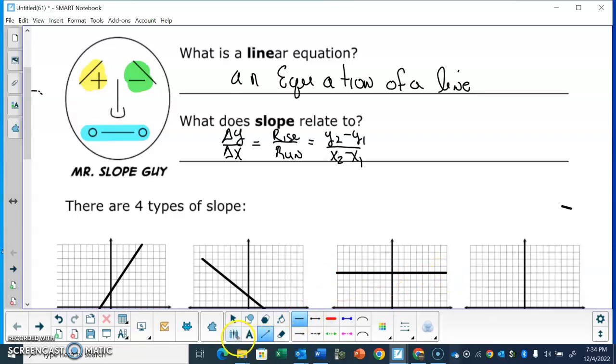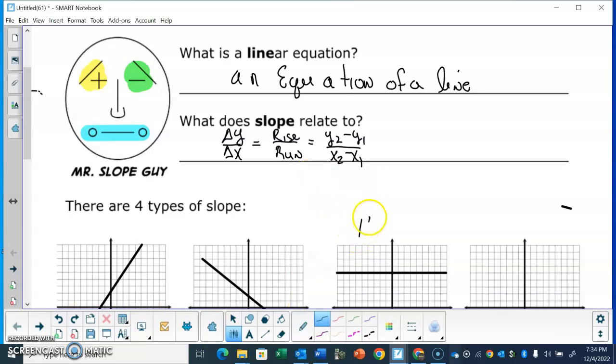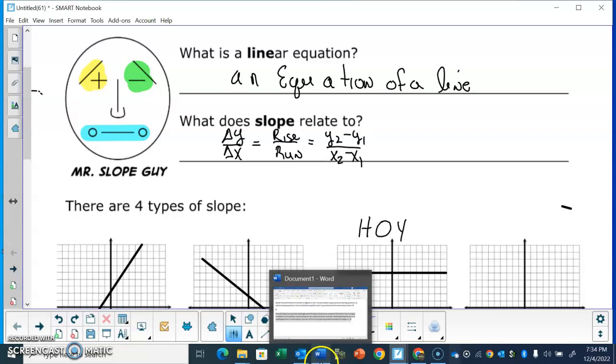So here's our horizontal line. And remember we call, ooh, I don't want a highlighter. Let's take that off. Let's grab and make it a pen. And we call that Hoy, horizontal, zero slope. And then the equation for that is going to be y equals.